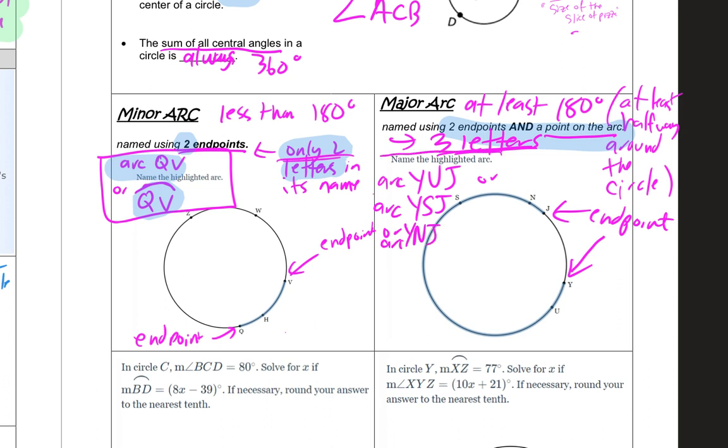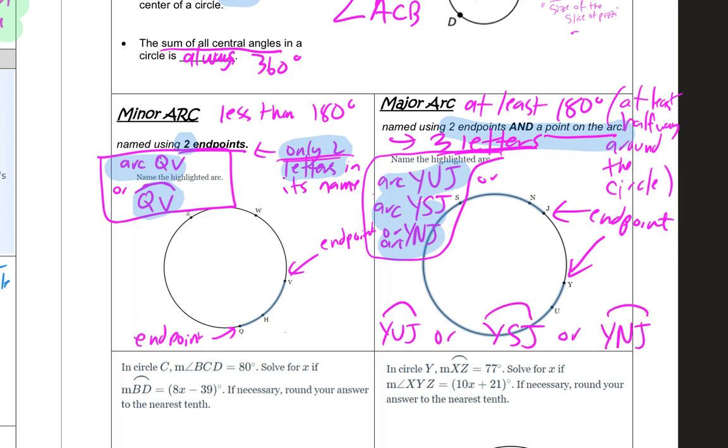Those are our answers right over there. We could also write them with the arc symbol: arc YUJ like that, arc YSJ like that, or arc YNJ like that. Those are different ways that we could write those same answers, either way.